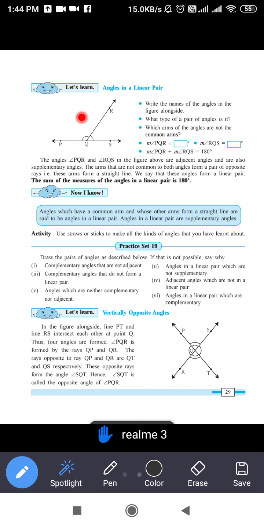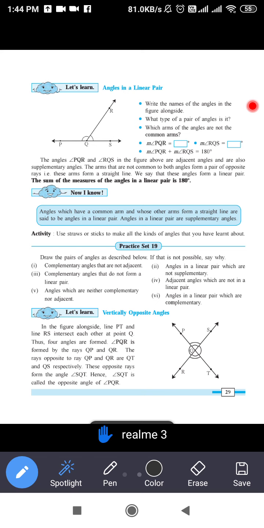What is given here? Write the names of the angles in the figure alongside. So what are the names of the angles? Angle PQR and angle RQS. Second, what type of pair of angles is it? It is a linear pair. Third, which arms of the angles are not the common arms? Common arm means if you write the name of the angle as PQR and the second one as RQS, then the common term is RQ, so it is called the common arm. So which arms of the angles are not common?